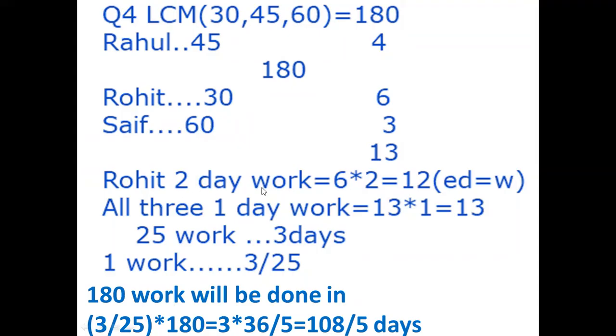To find Rohit's 2 days work, we just use the formula E into D equal to W. E here is efficiency, D is the number of days. And on the third day, all three are working. So E will be 13. Days will be 1. We're getting 13. So 25 work equal to 3 days.